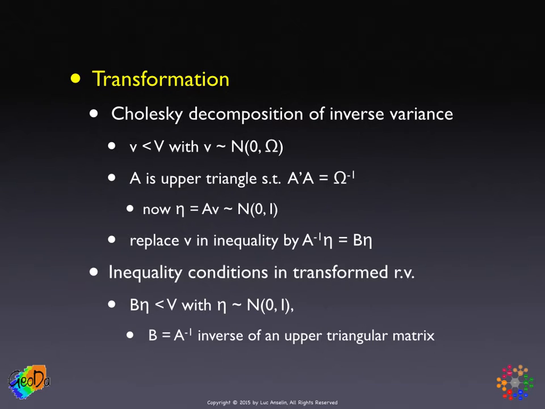So this usually is expressed as A prime A, where A is the upper triangular one and A prime is its transpose, which is a lower triangular one. So the product of these two triangular matrices is the full matrix. What we use this for is to decompose the inverse of the variance matrix. And we'll see in a second, or let me show you why that is.